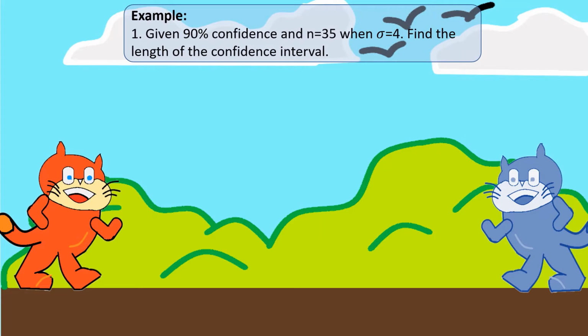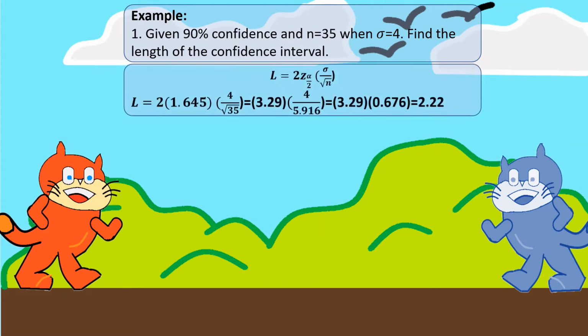Example number 1. Given 90% confidence and n equals 35 when our population standard deviation is 4, find the length of the confidence interval.